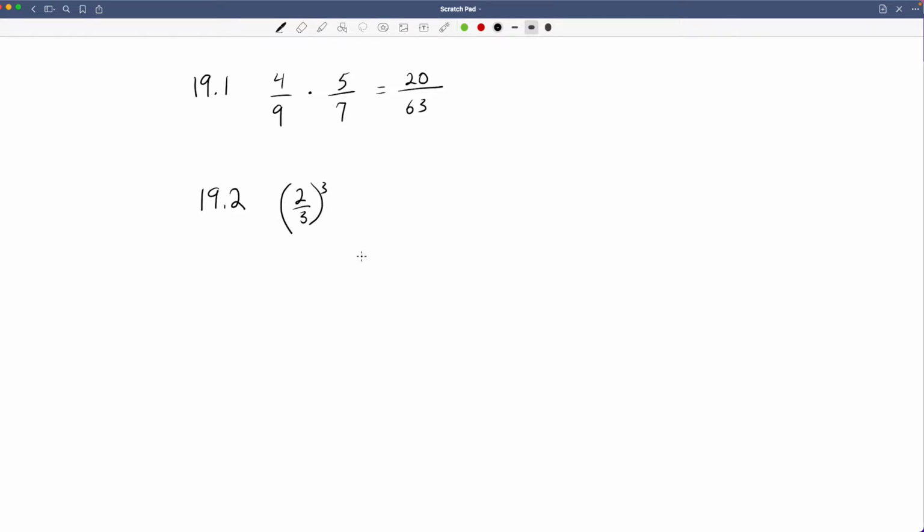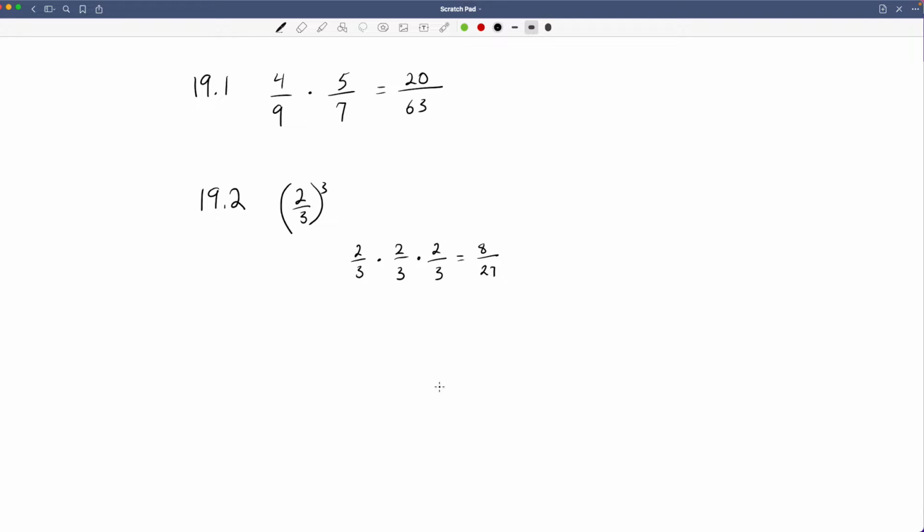So we're going to say 2 over 3 is one time, times 2 over 3 a second time, and 2 over 3 a third time. Now we just go straight across: 2, 4, 8, and 3, 9, 27. That is the answer to 19.2. We cannot reduce that at all because there are no common factors between the top and the bottom.